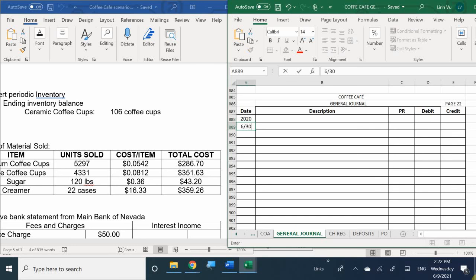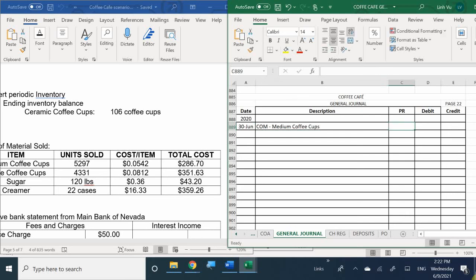what are my accounts that I'm going to be... Stop me if I'm wrong. So it's going to be comp, medium coffee, cups, account 51200. And comp means cost of material.